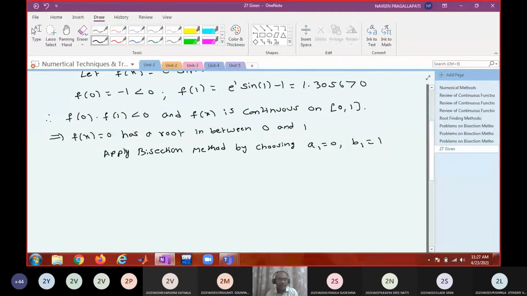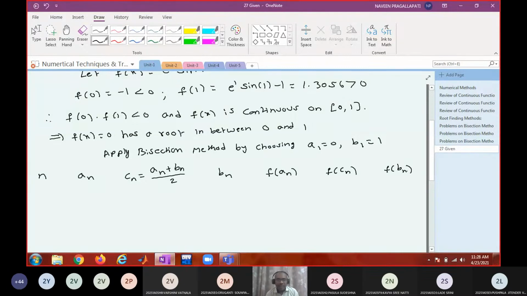Okay, so again prepare the table. Iteration number n, an, bn, cn equals an plus bn by 2, next the sign of f of an, sign of f of cn, sign of f of bn.